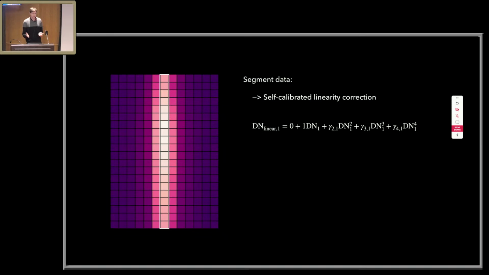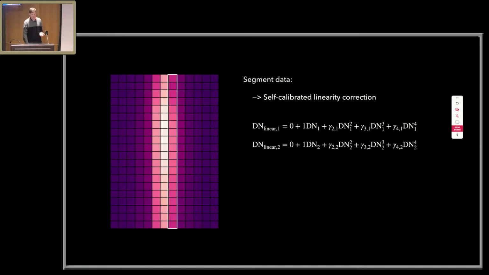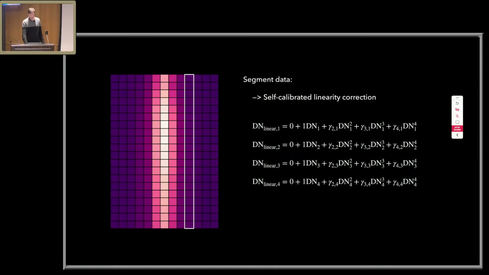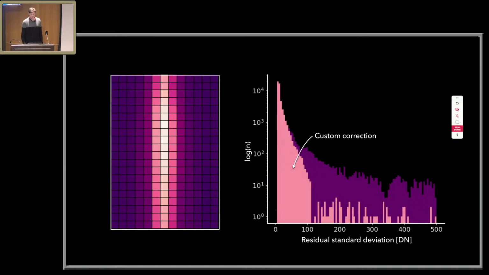So for the central column, you could come up with a polynomial, and then you can do the same for the adjacent column. And then at some point, you can just use the same polynomial for the background. And then, applying this to the same data, this custom correction does an even better job, and it moves all those values even further to the left-hand side.